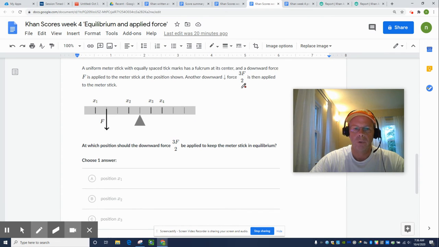So here's the second force. Here's the pivot. The second force is 50% greater. 3F divided by 2 is just a fancy way to say 1.5 times this force. So how far is this force from the pivot, from the fulcrum? Well, it's 1, 2, 3 of these little units.